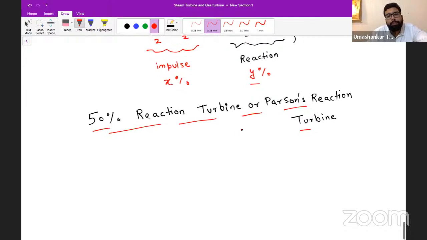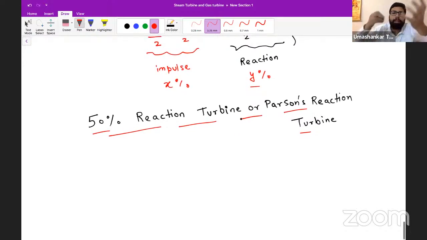Got it, Madhusmita? Otherwise, it is a general reaction turbine. So is the 50% reaction turbine and Parsons reaction turbine clear to you? Or why we use the term 50% reaction turbine? Is that clear to you all? Tell me yes or no.